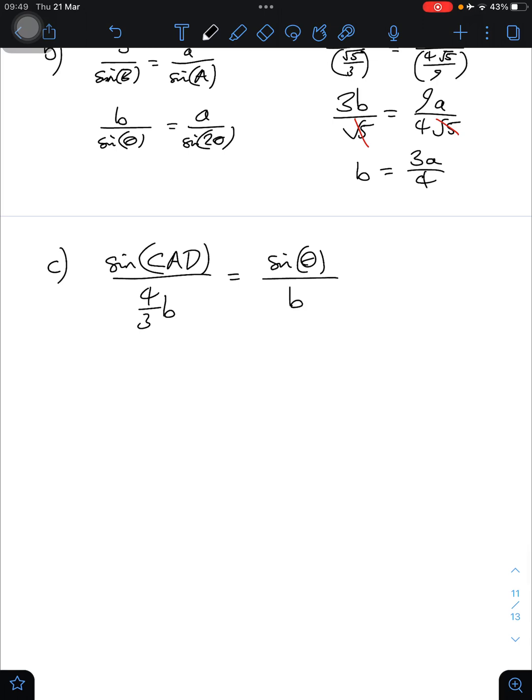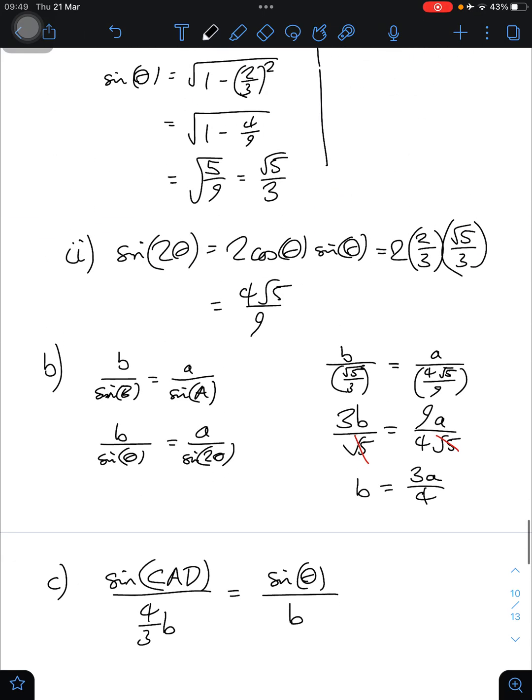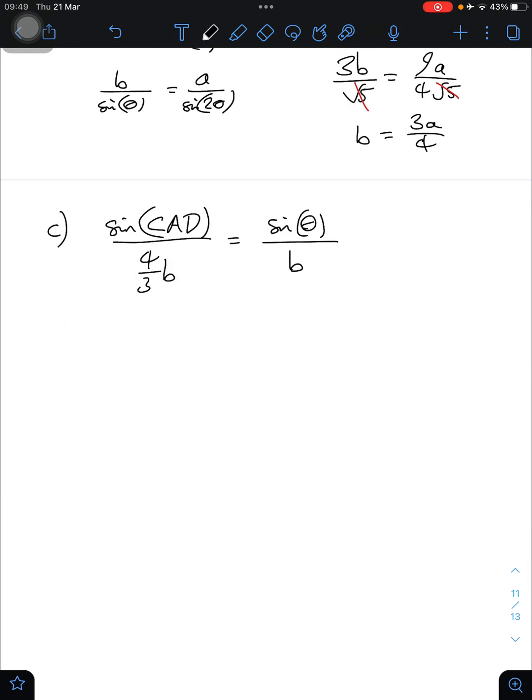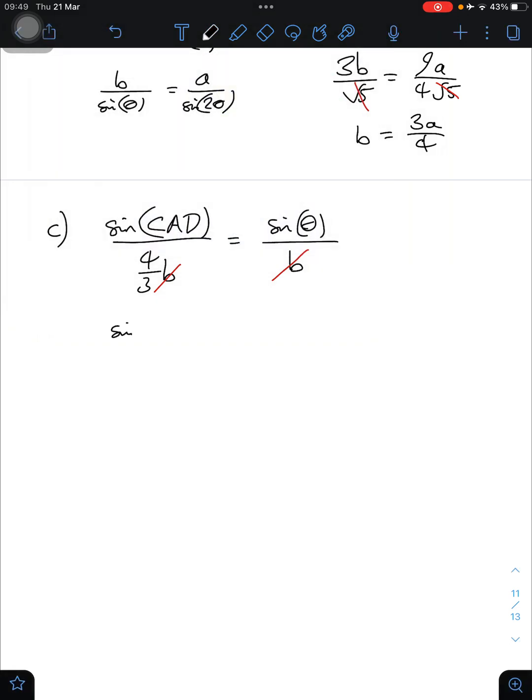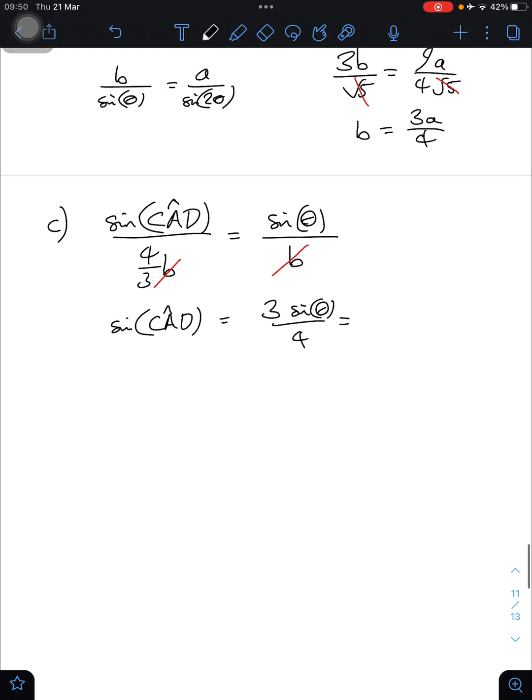So over b. And so therefore, if we cross out our b's because they're featured on both sides, what we're left with is sine of CAD. And it's worth putting that on just to signify that's what my angle is: 3 sine theta over 4.